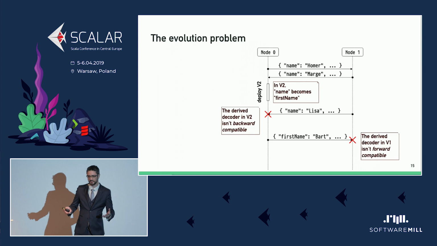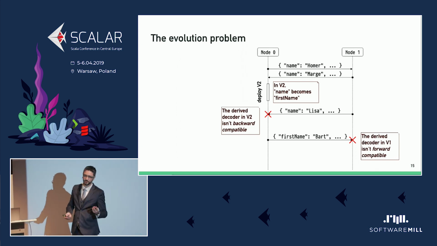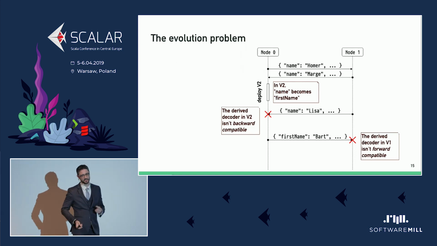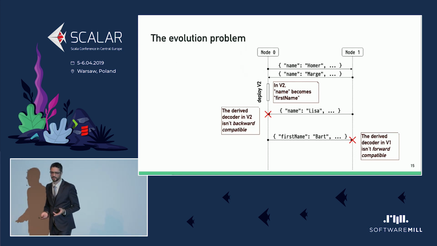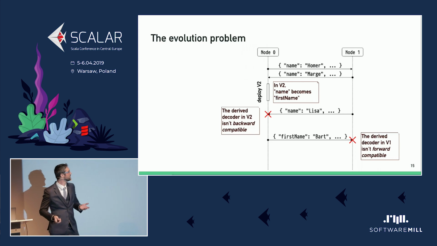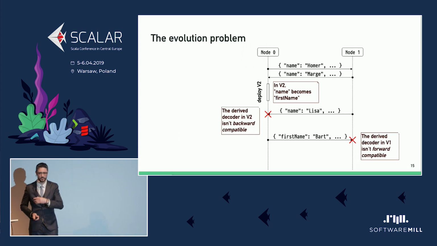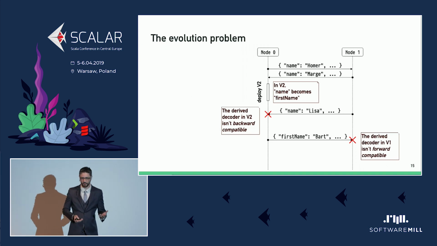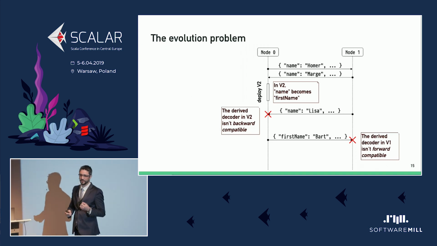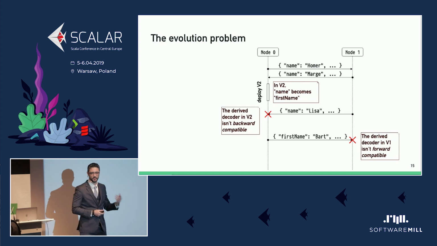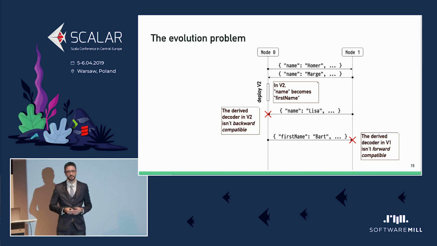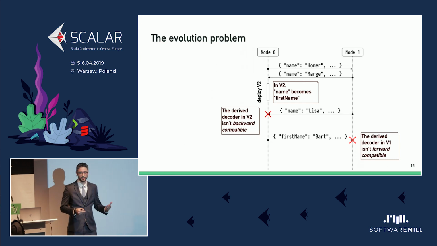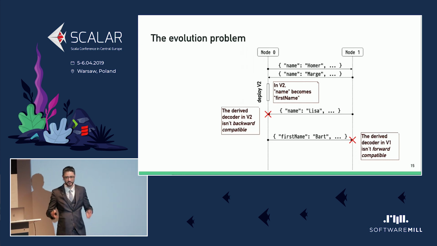Say we have a distributed system with 2 nodes. And our nodes share messages with each other. A message has in the payload a field called name and a bunch of other fields. And let's say in a future version of our code, the name field becomes first name. What happens if we deploy this new version on only one node, because we cannot deploy on every node at the same time?